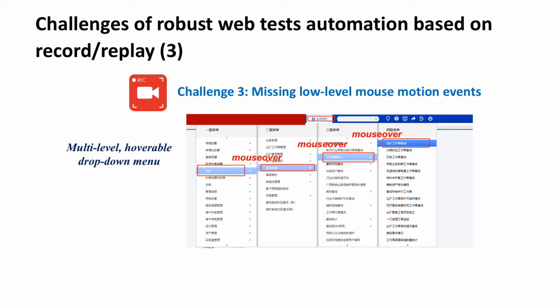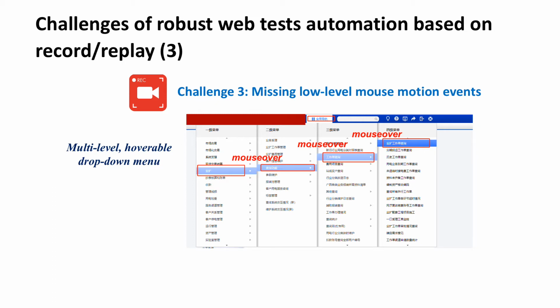Most existing record-replay tools only record high-level user actions by default, such as click and double-click, while ignoring low-level mouse motion events. However, for the web application used in our industry partner, multi-level hoverable drop-down menus are widely used.